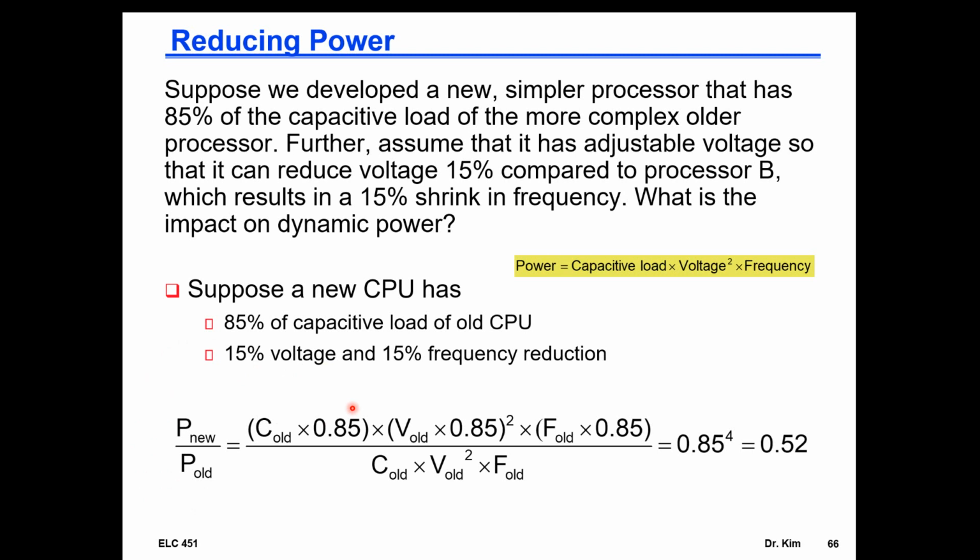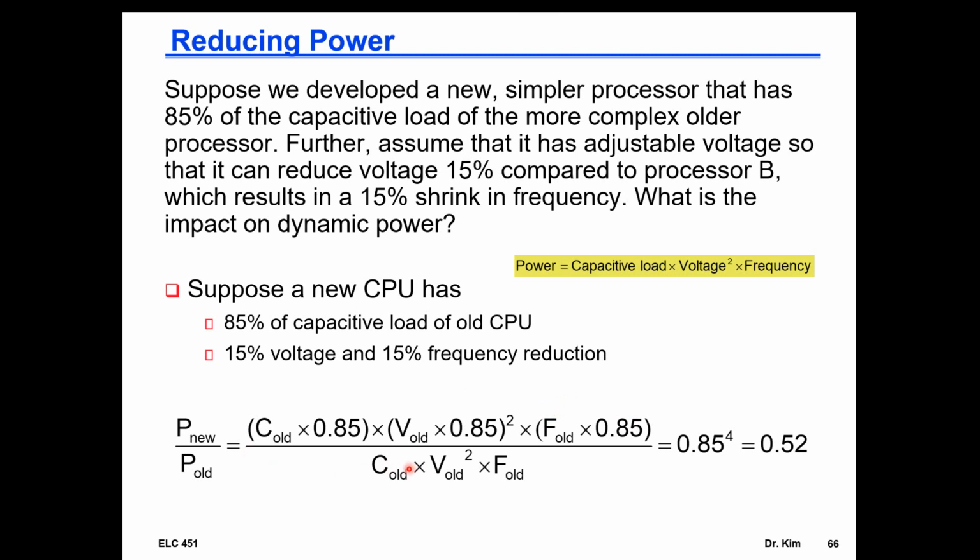So this term over here, we said that the new system was 85% the capacitive load of the old one. The new voltage is 85% of the old voltage, and the frequency was also going to scale such that the new frequency is 85% of the old one.